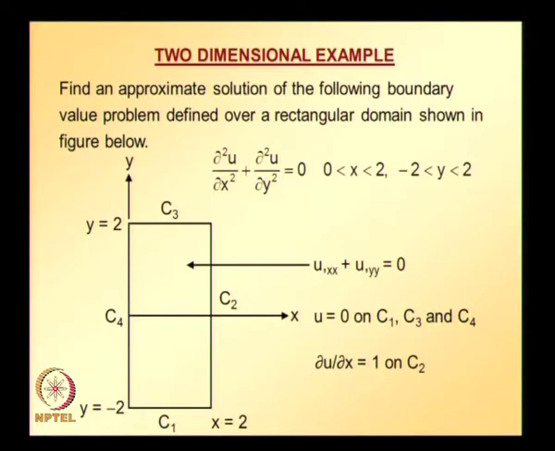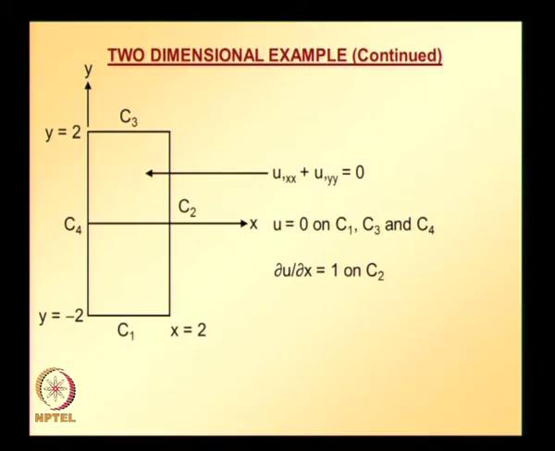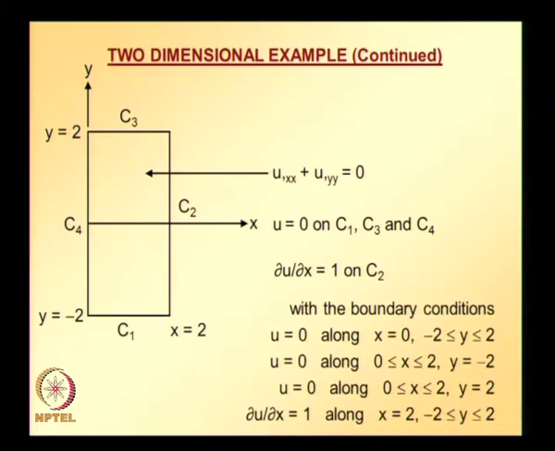In the modified Galerkin method, we multiply the residual with a weight function and integrate over the problem domain. Here the problem domain is a rectangle, so the integral is going to be an area integral. Before that, let us make a note of all the boundary conditions along with the limits on x and y.